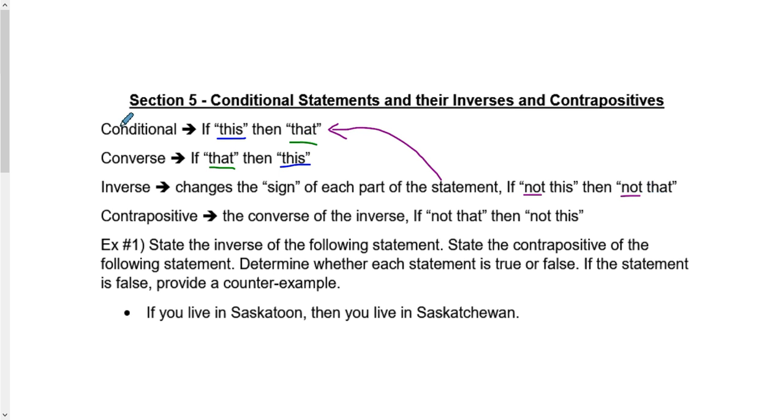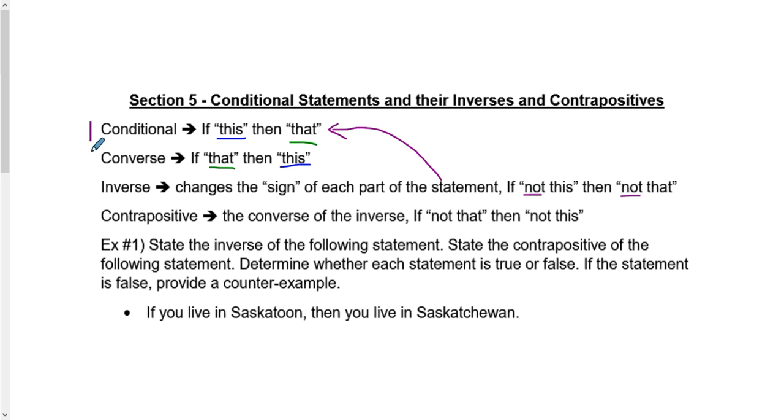See how it's completely related to the conditional statement. The contrapositive, I call it the converse of the inverse. So it's just switching up the statements of if not this, then not that, to if not that, then not this.